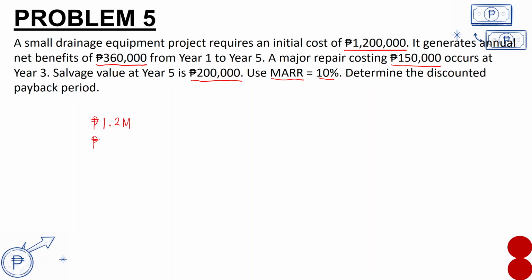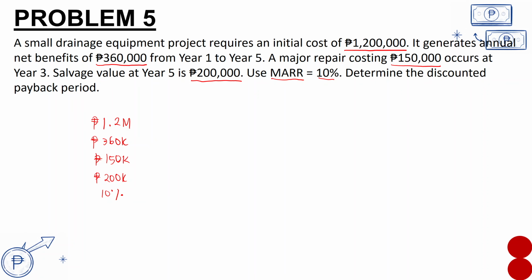Another one, we have our 360,000 pesos. And we have also another one, we have 150,000 pesos. And we have also 200,000 pesos. And we have a 10% MARR.